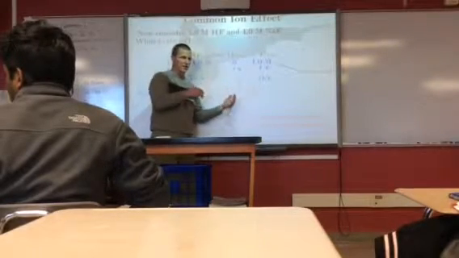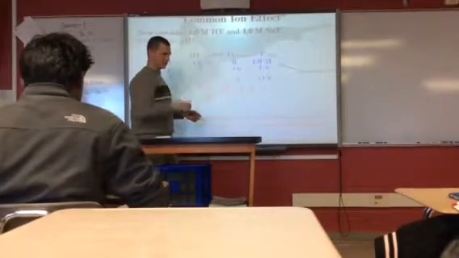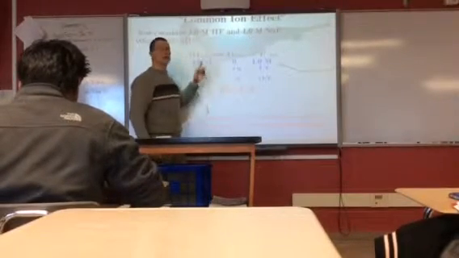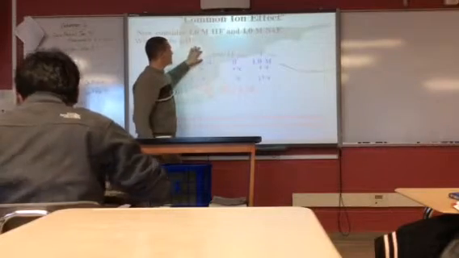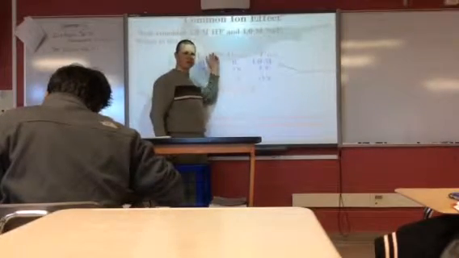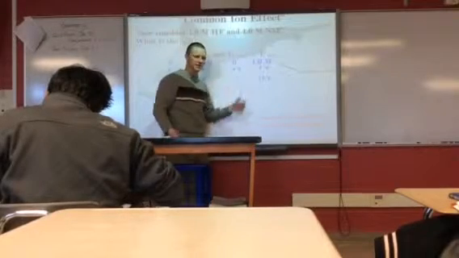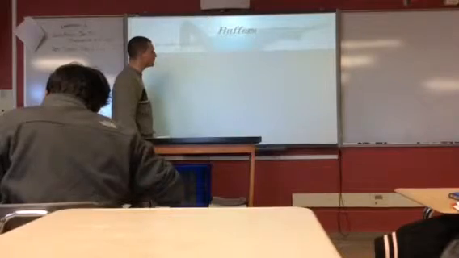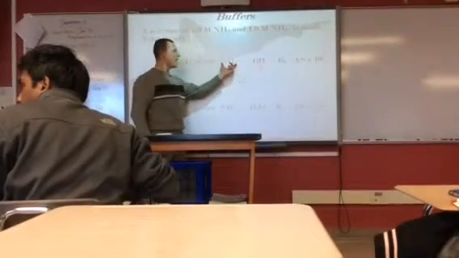It was acidic. Why was that? Because HF is a stronger acid than F minus is as a base. So the Ka was stronger than the Kb, so it's acidic. And for NH3, the Kb of NH3 is higher than the Ka of NH4.